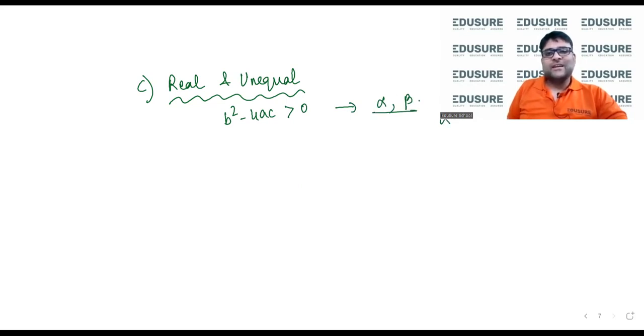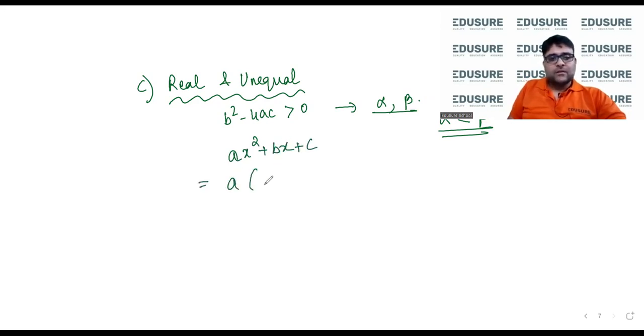Without loss of generality, let's take that alpha is less than beta. Both the roots are different. So one of the root has to be lower than the other root. That is but obvious, right? So ax square plus bx plus c can be written as a into x minus alpha into x minus beta. One of the root is alpha and the other root is beta.